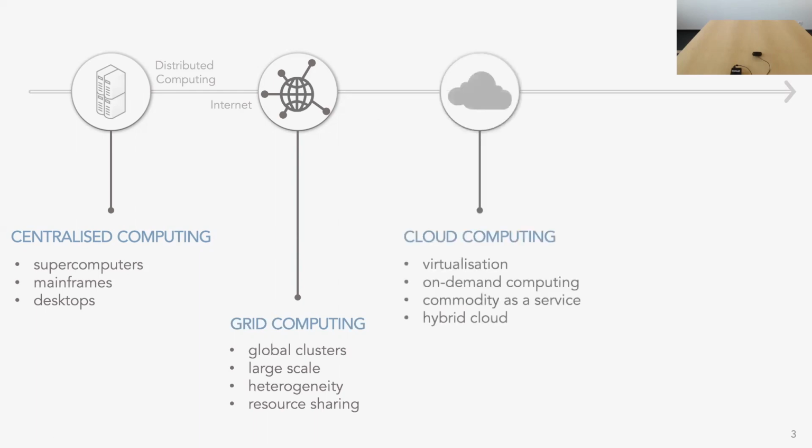Then later on, we started having the so-called cloud computing, which is still trending and still buzzing nowadays. Here we start introducing the concept of virtualization. Users can simply use a sort of commodity as a service.